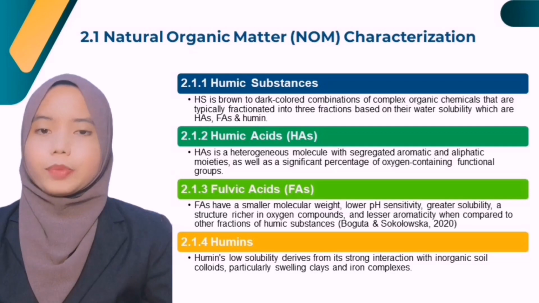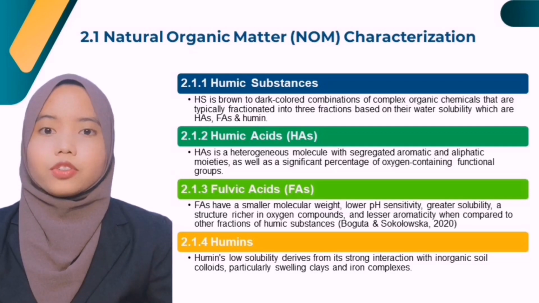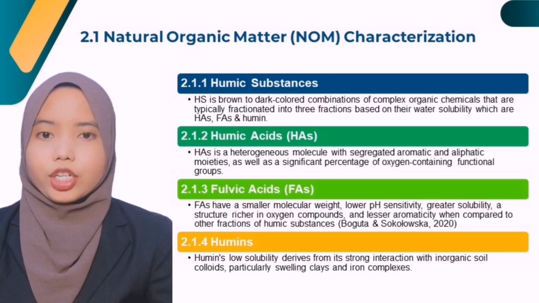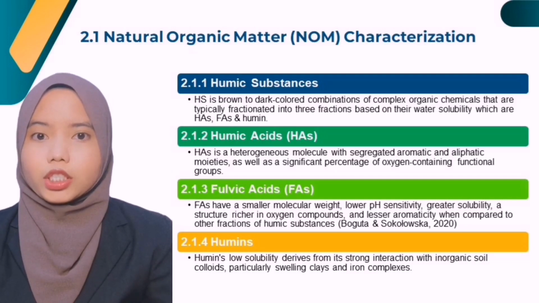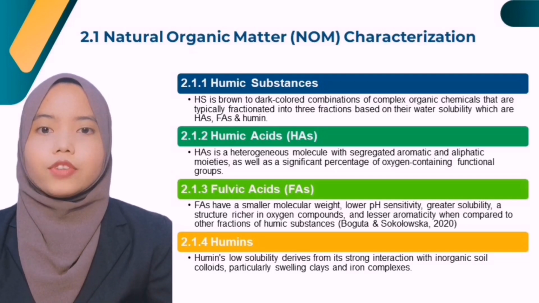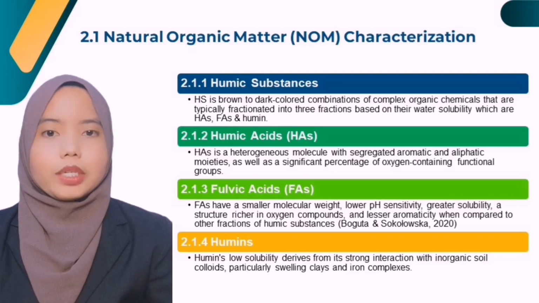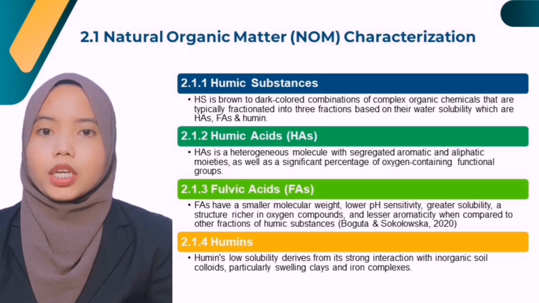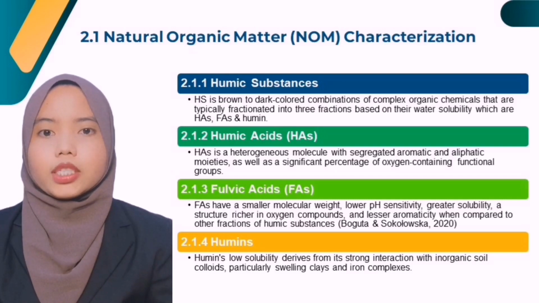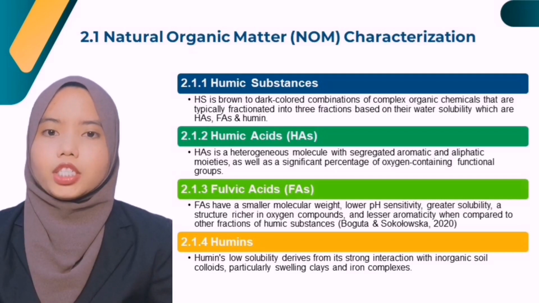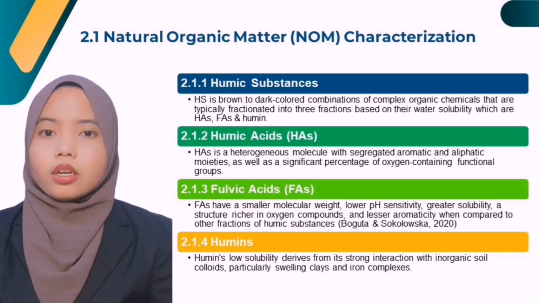Humic substance is a dark-colored combination of complex organic chemicals that are typically fractionated into three fractions based on their water solubility, which are humic acid, fulvic acid, and humin. Humic acid is a heterogeneous molecule which contains aromatic and aliphatic moieties as well as a significant percentage of oxygen-containing functional groups.